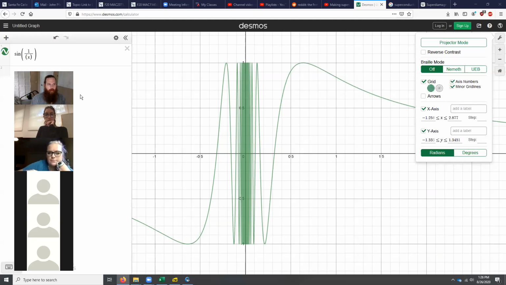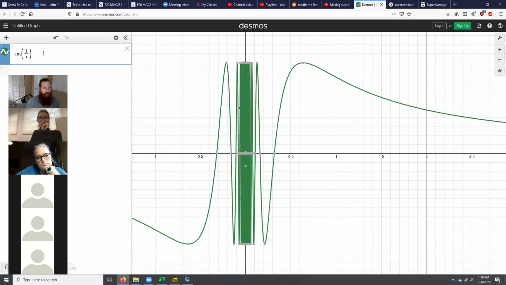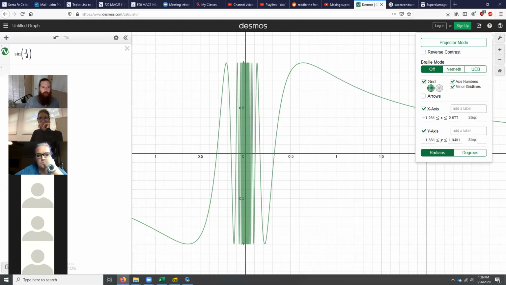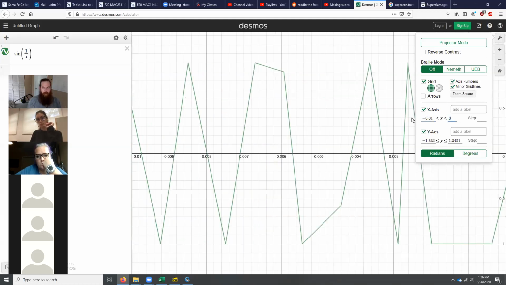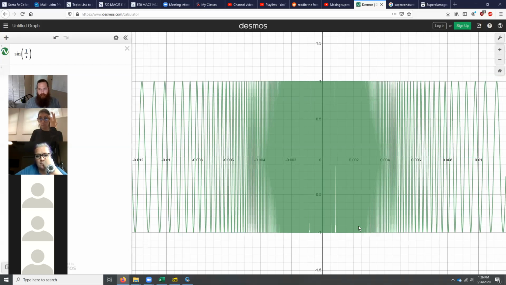Okay, now you can see it. So this is the sine of 1 over x. And what's happening is that as x gets closer and closer to 0, this 1 over x is getting really big, which makes the sine function wobble back and forth faster and faster. I might be able to zoom in a little bit on that piece for you.